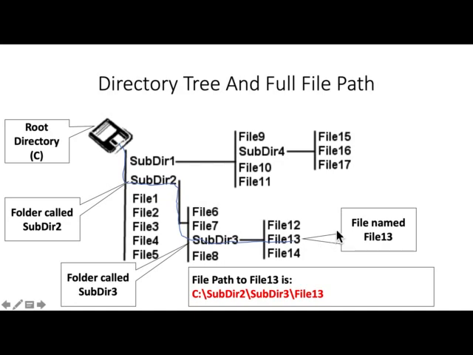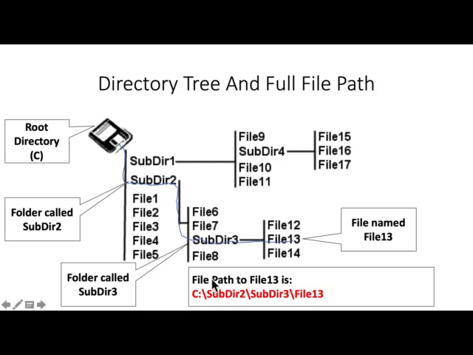So let's say I want to work with this file in my computer program. So look at the travel path I have. I go from C to the folder called subdir2, and then through this I go to the folder called subdir3, and then finally I reach file 13. So notice this path. This is the full file path.